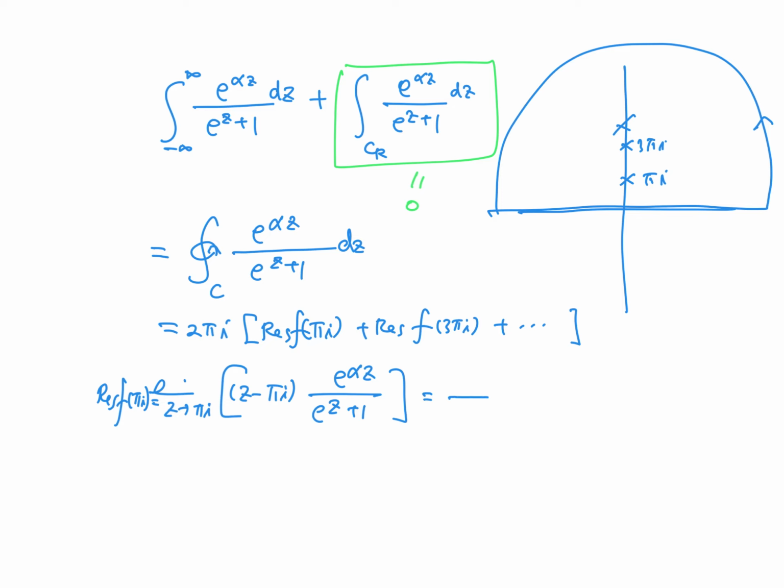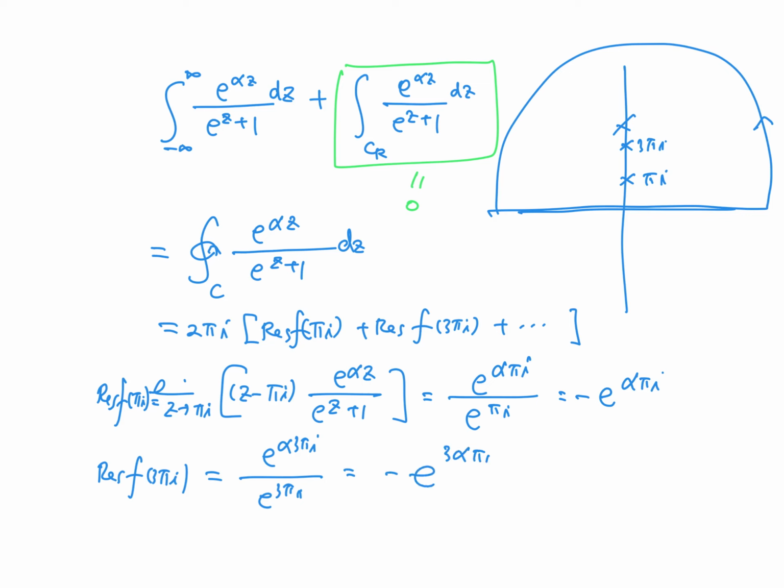So this is basically exponential alpha pi i over exponential pi i, which is minus exponential alpha pi i. Residue at 3 pi i, we can do the same thing: exponential 3 pi i is basically minus one, so it gives minus exponential 3 alpha pi i.